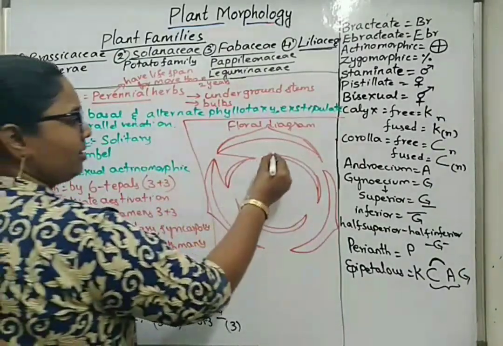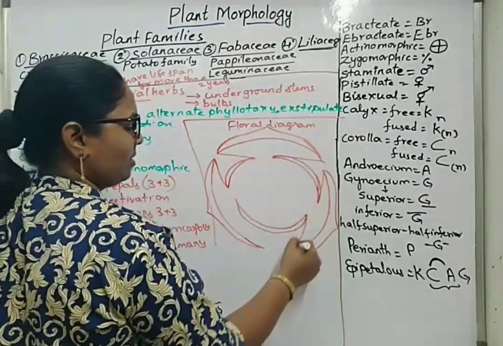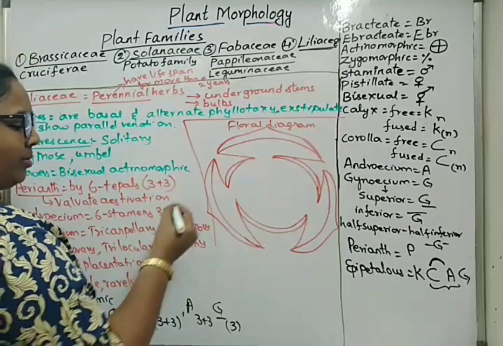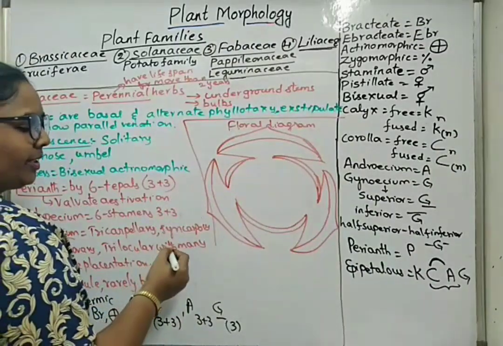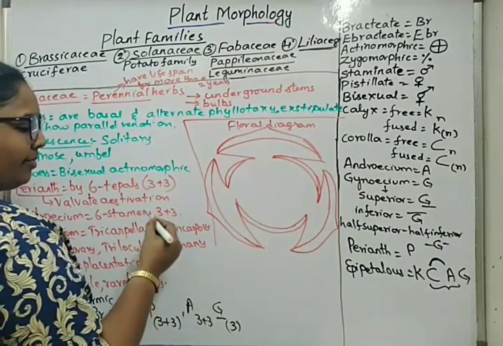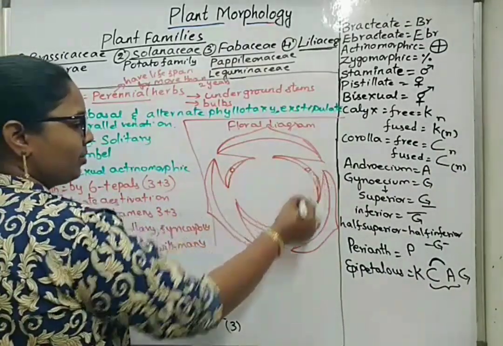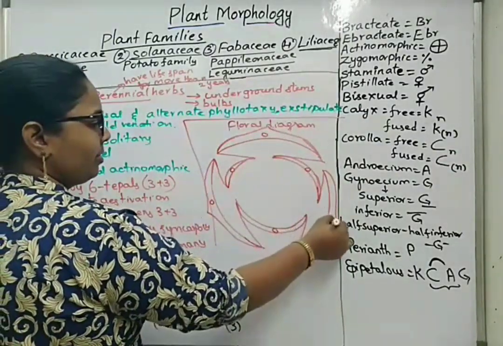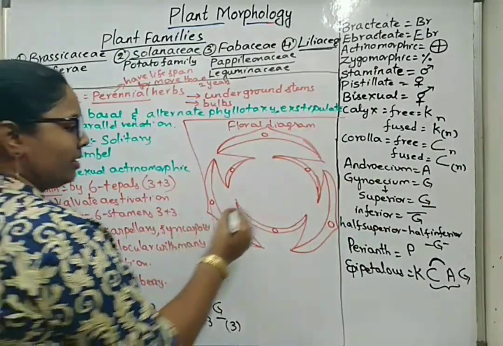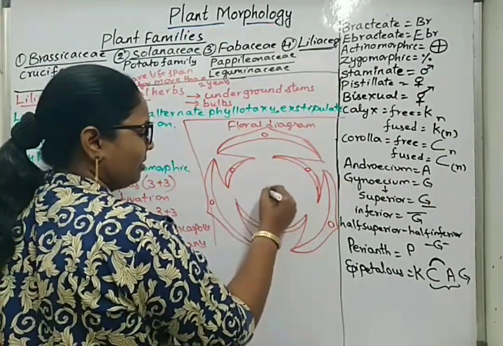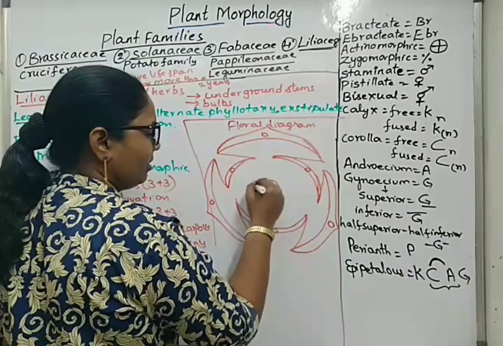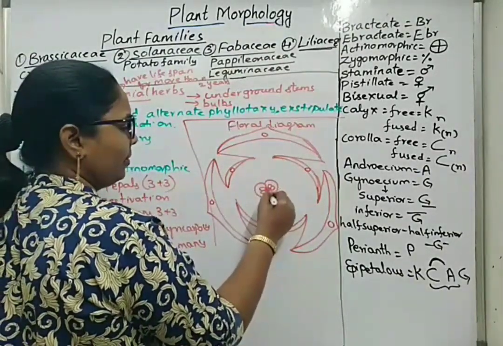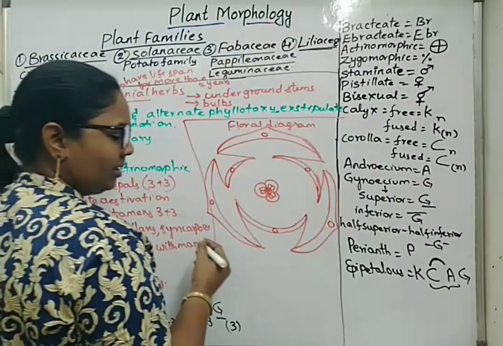These are fused like this. So perianth is indicated like this. The direction of the gynoecium indicates the floral axis. 1, 2, 3. Next 1, 2, 3. Next is tricarpellary, 1, 2, 3 partitions. Here there will be many ovules.